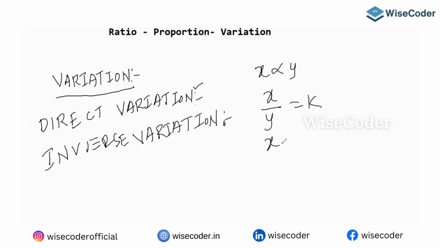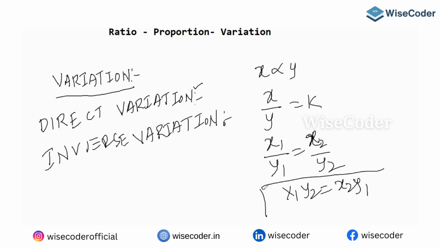So you can write x1 by y1 is equal to x2 by y2, which means x1 y2 is equal to x2 y1. It's going to continue.